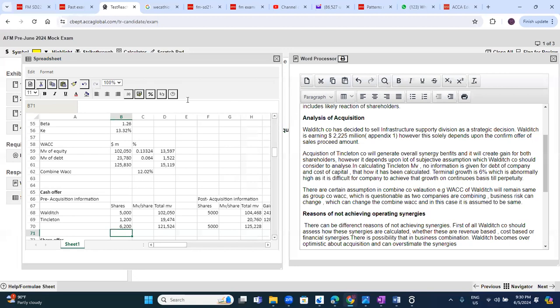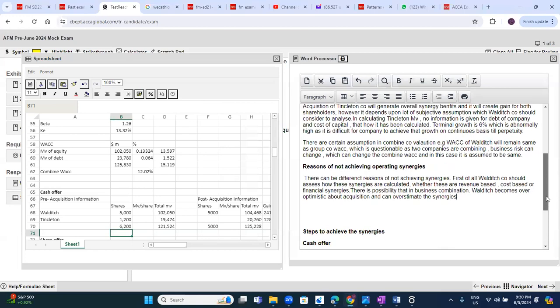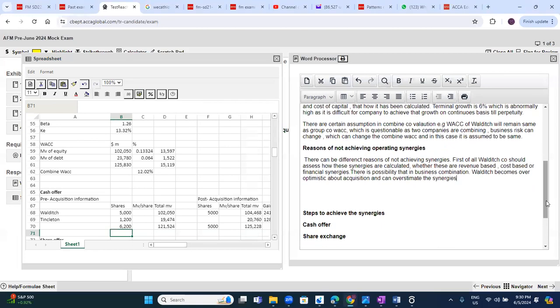This is another problem. You can overestimate the synergies. Okay. That is one of the problems. Overestimate the synergies, and later company is unable to materialize it.